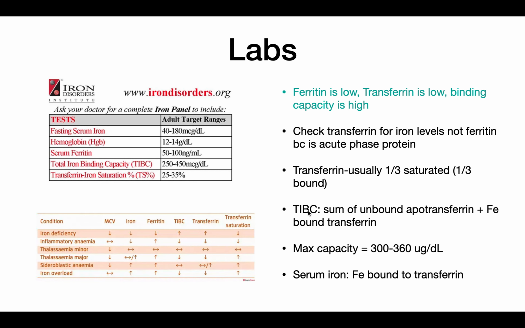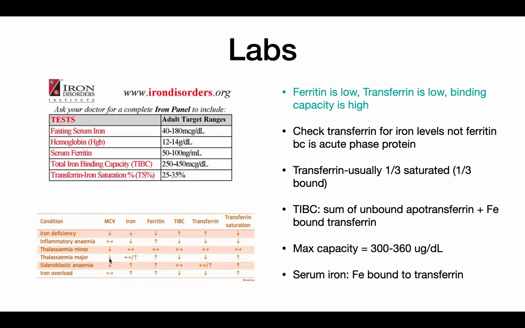Total iron binding capacity is going to be the sum of the unbound apotransferrin and the iron-bound transferrin. So serum iron, on the other hand, is going to be just the iron bound to transferrin. As you can see here, this is important to know. So iron deficiency: decreased iron, decreased ferritin, increased total iron binding capacity, increased transferrin.